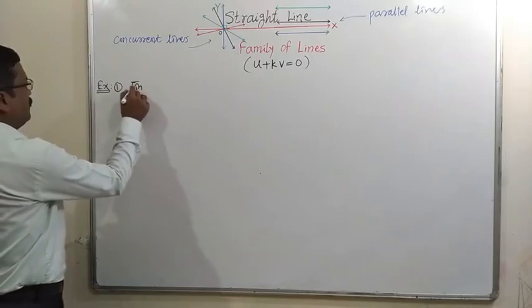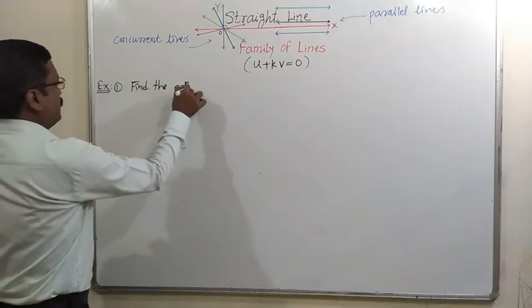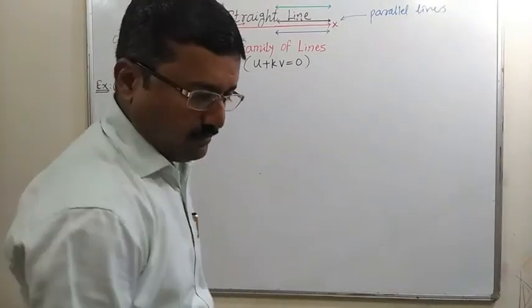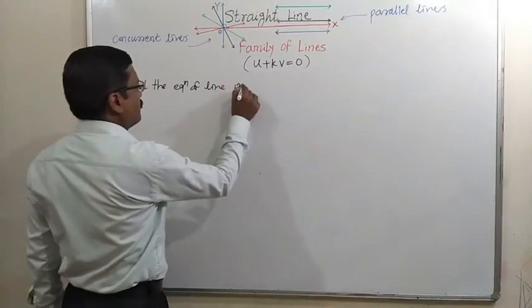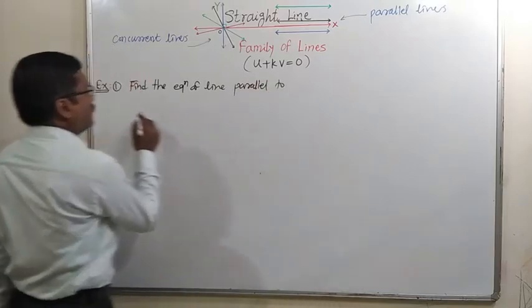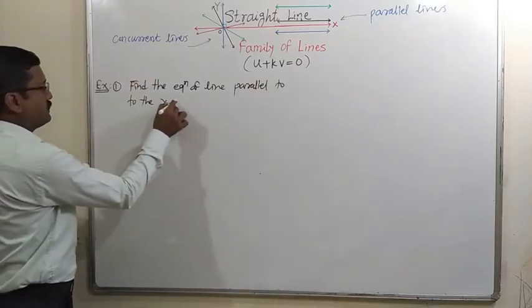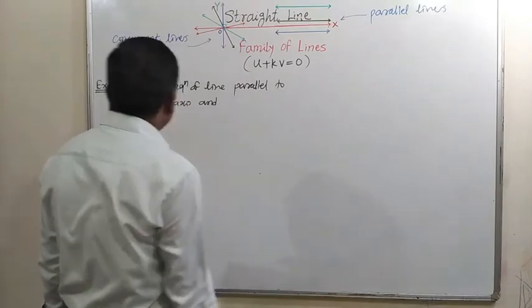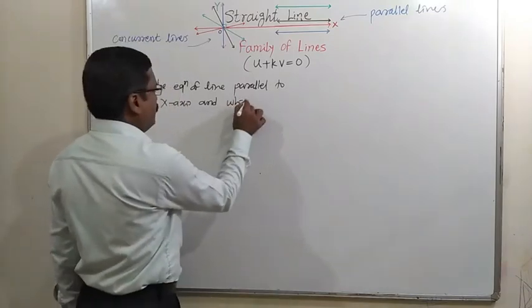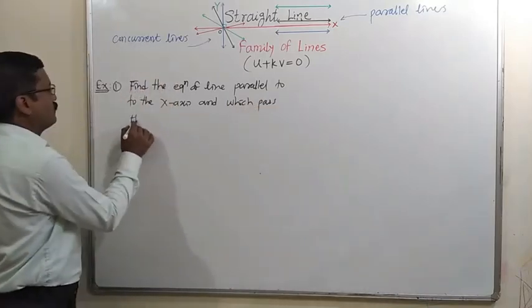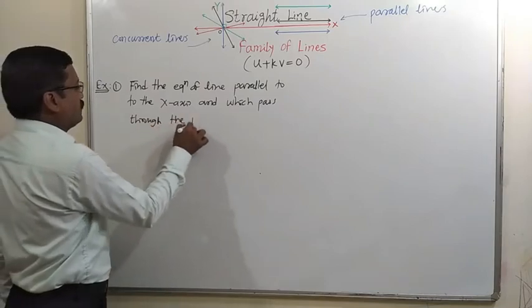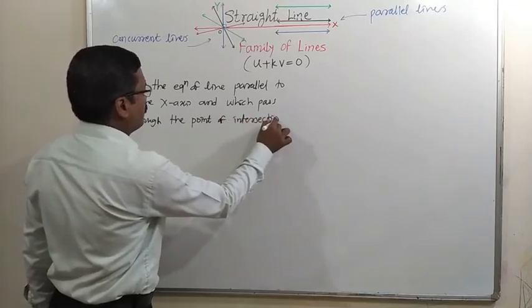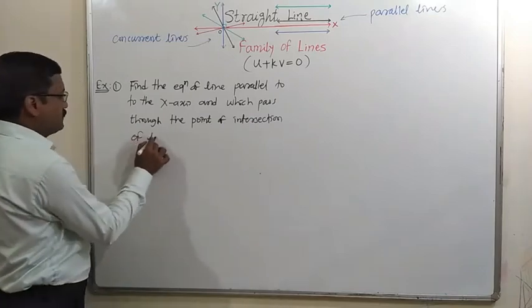Find equation of line parallel to the x-axis and which pass through the point of intersection of lines.